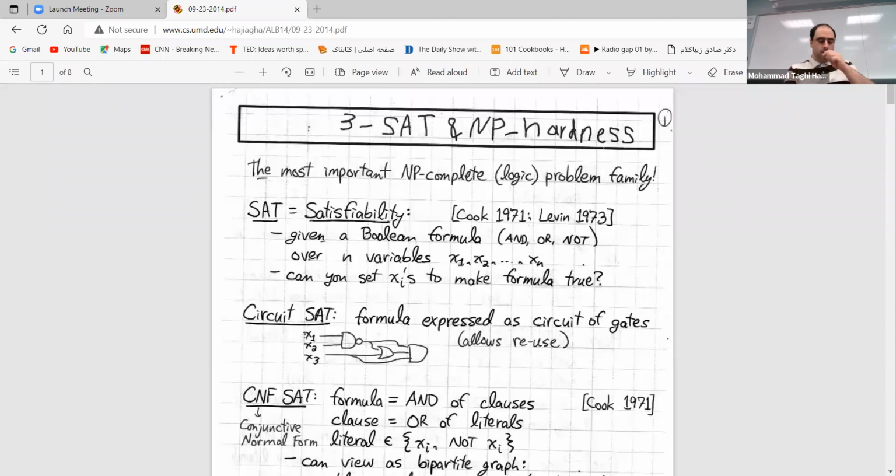For a problem like Eulerian cycle, let me actually just draw the edges.